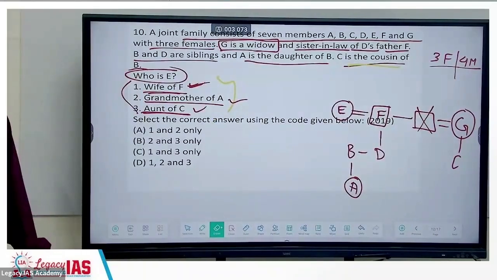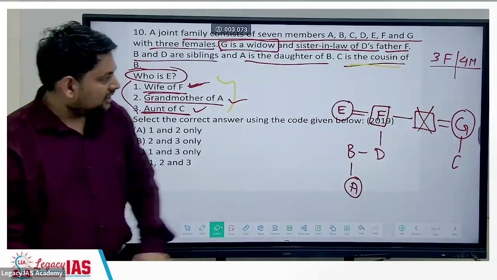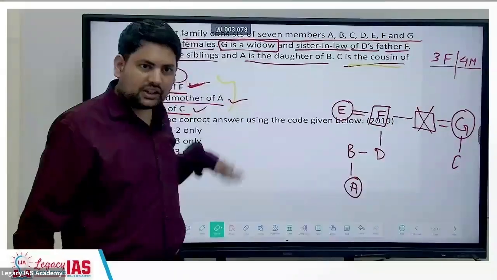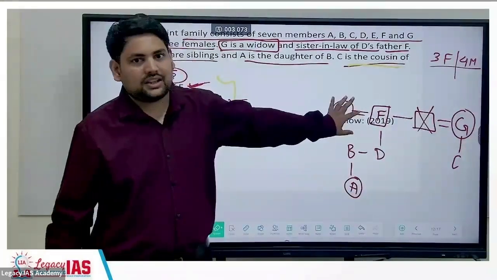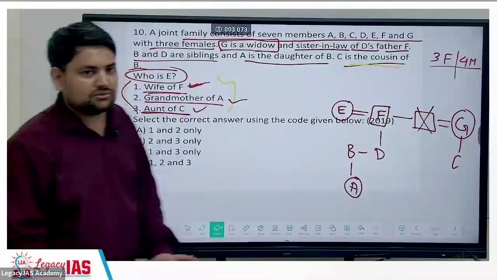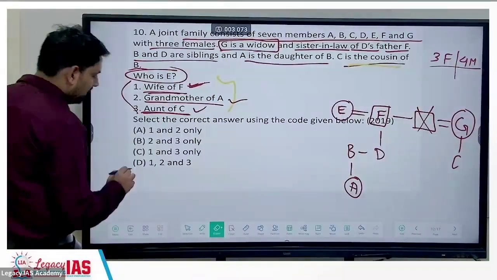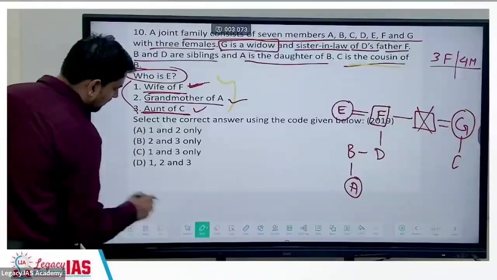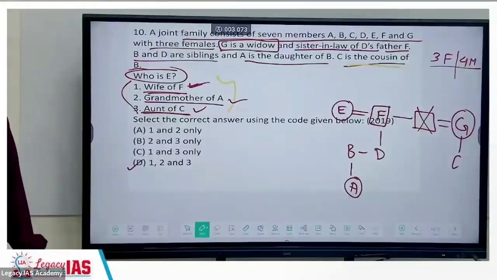So all three are getting satisfied. If instead you put E here, then all three won't be satisfied. So E has to be here. You got to a simple diagram, it satisfies everything, you move forward. So all three of them would be true together. Answer is 1, 2, and 3. Understood?